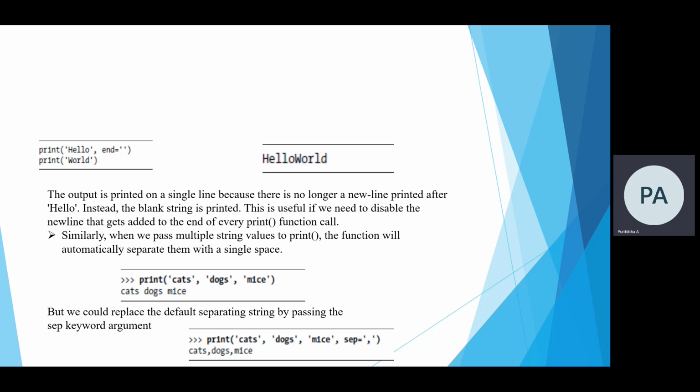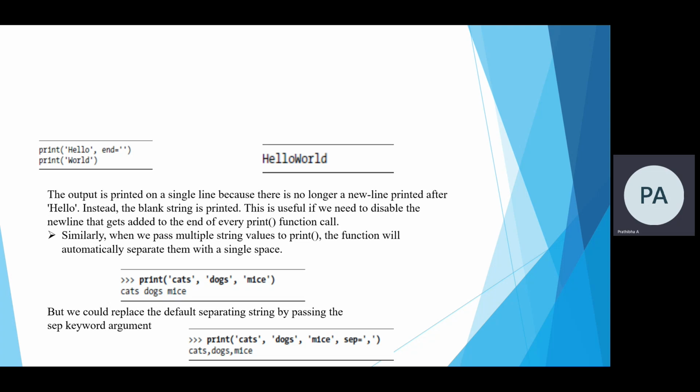This is useful if we need to disable the newline that gets added to the end of every print function. Similarly, when we pass multiple string values to print, you can see print('cats', 'dogs', 'mice'). If you print that, it is going to print them with spacing between them. Again, you can separate them by commas also, so this is how sep=','.